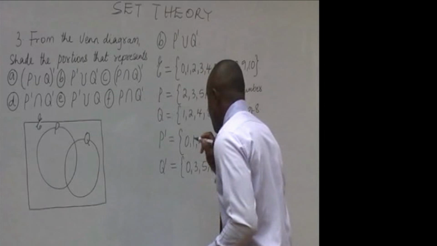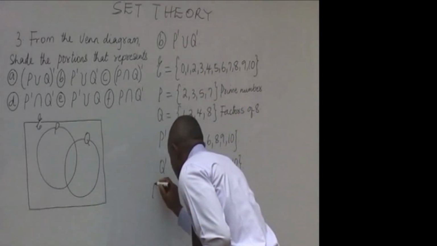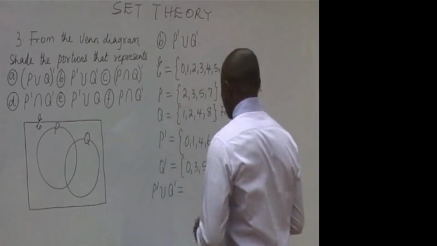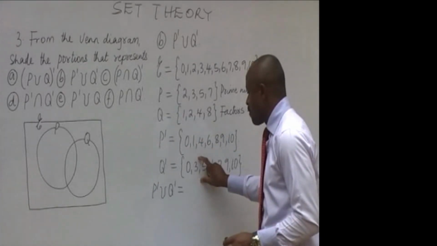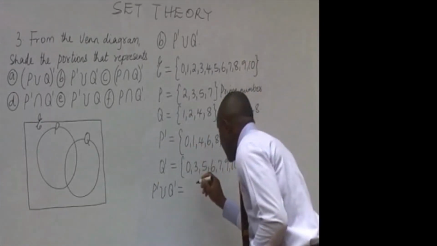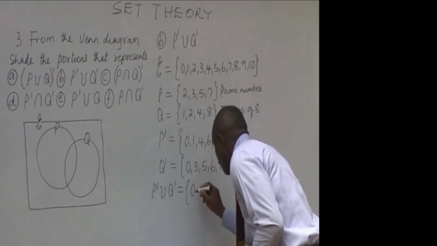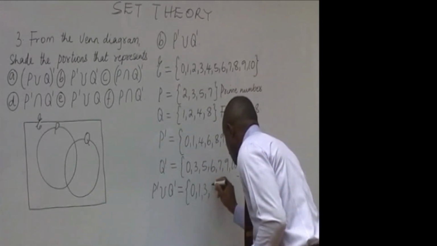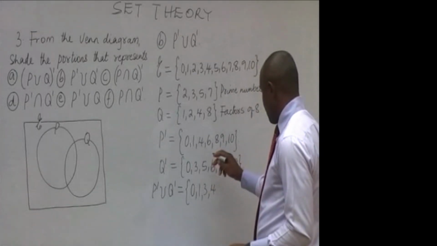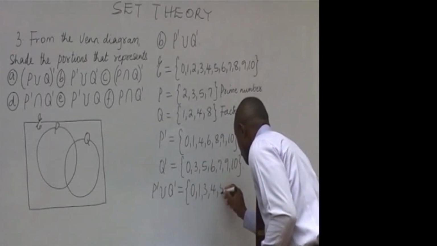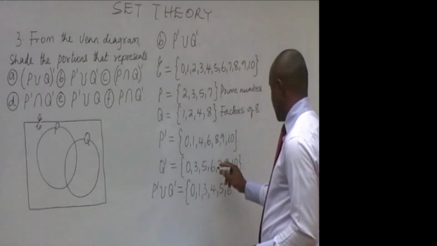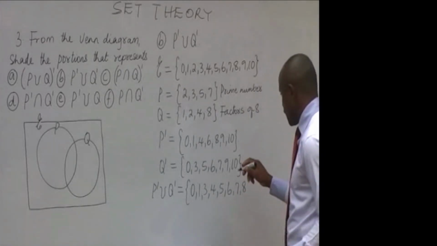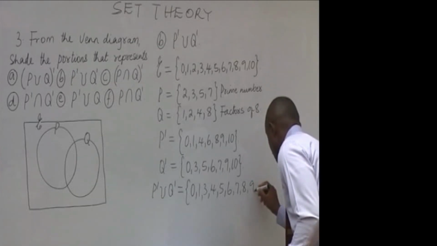Now P prime union Q prime. Members of P prime and members of Q prime: 0, 1, 3, 4, 5, 6, 7, 8, 9, 10.